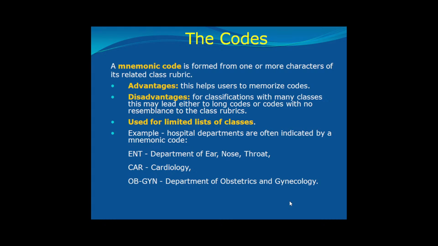Example: hospital departments are often indicated by a mnemonic code. For example, ENT, Department of Ear, Nose and Throat; KAR, Cardiology; OB-GYN, Department of Obstetrics and Gynecology.